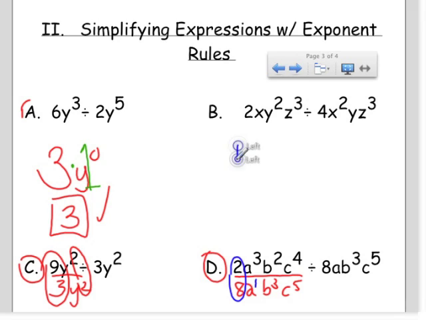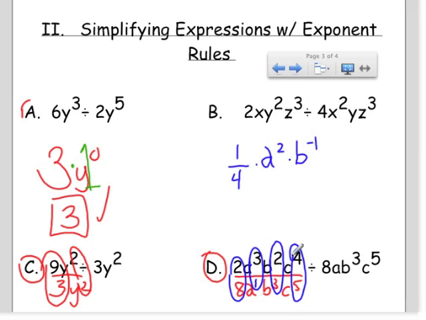It simplifies to just 1/4. Next, a to the third divided by a to the first. You're dividing powers with the same base, so you subtract the exponents. That's a squared. Next, b to the second divided by b to the third. You subtract the exponents, which is now b to the negative first. And last, c to the fourth divided by c to the fifth. That's really, again, subtracting, c to the negative first.